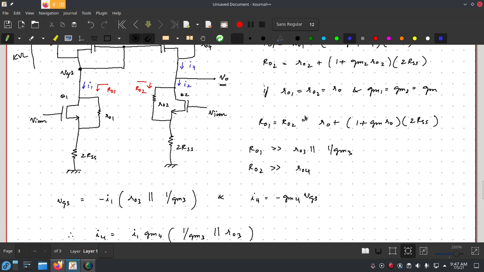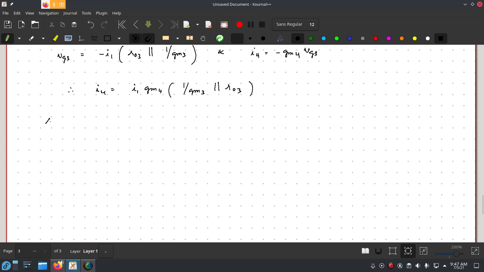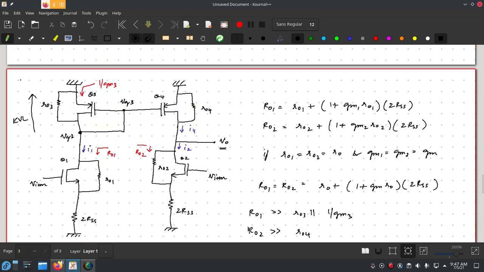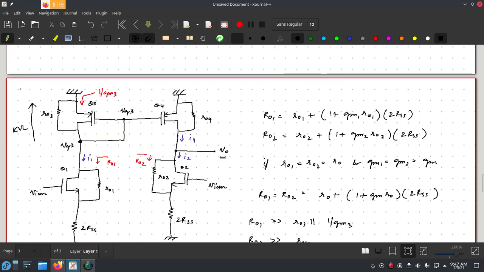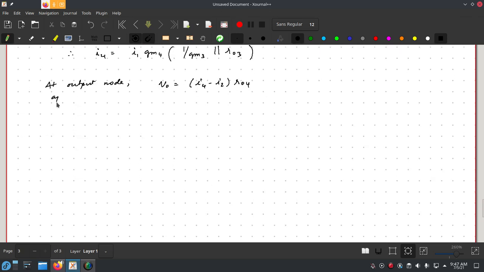Then I can write V0 at the output node as V0 is equal to I4 minus I2 into R04. Again KVL. This part you apply KVL. Now this part you apply KCL. At the output node apply KCL. Substitute all the values.